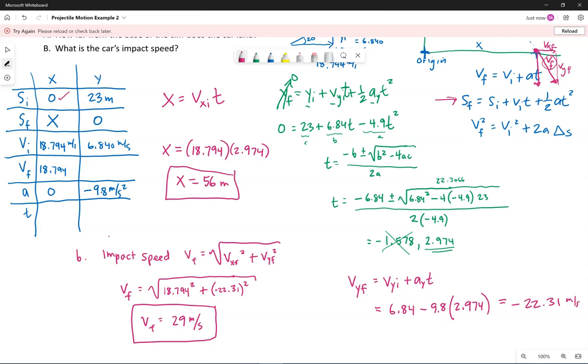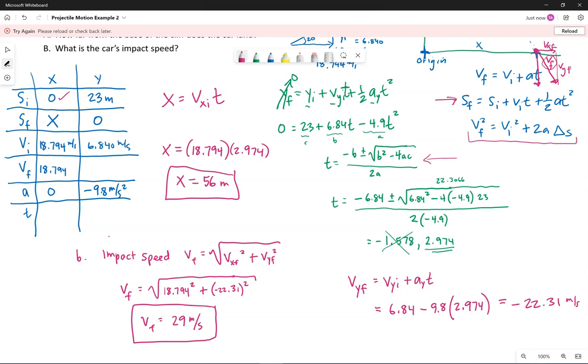Now, one other side note, if you do not happen to remember the quadratic formula, that's totally fine, because we could actually find Vy final first by using this third equation and then come back to the top equation to find time.